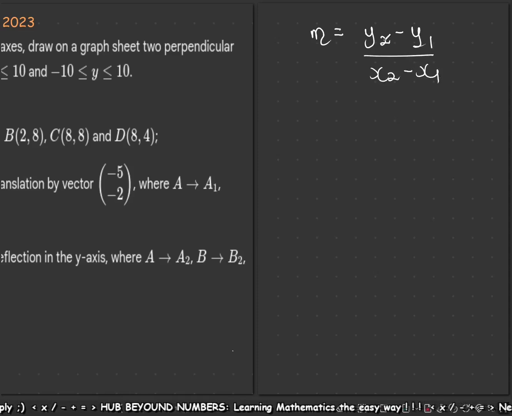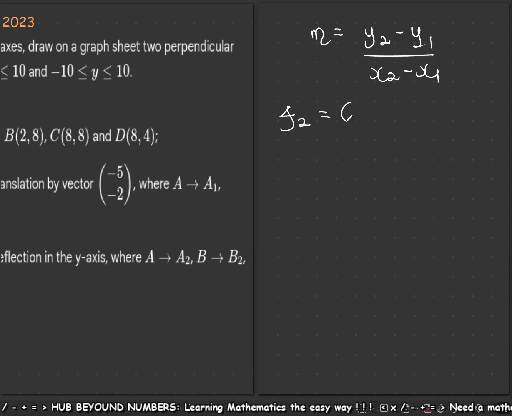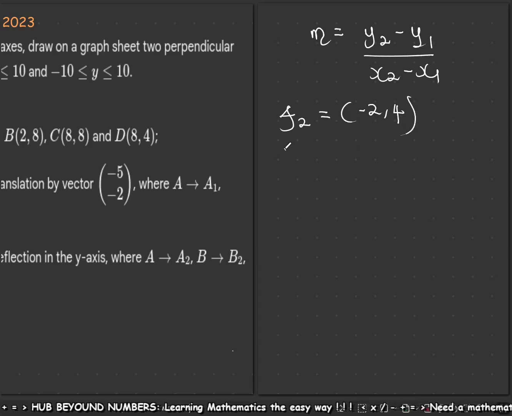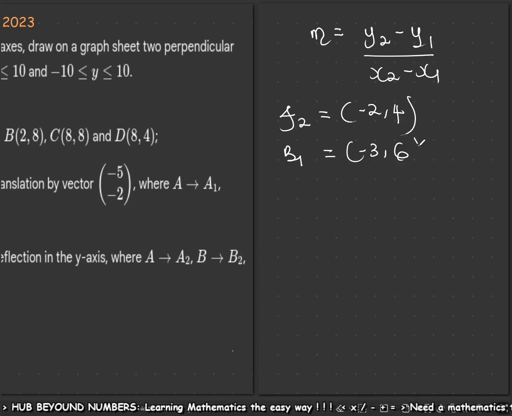The point A2 is actually (-2, 4), and that of B1 was (-3, 6). If you didn't get this point correctly, the gradient you are going to solve for is going to be wrong. So one thing leads to the other.